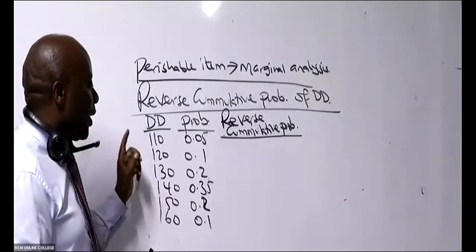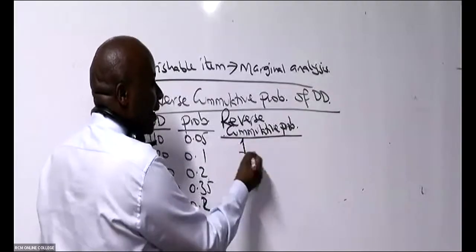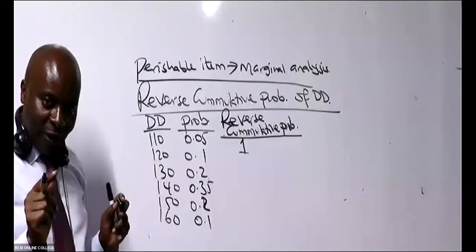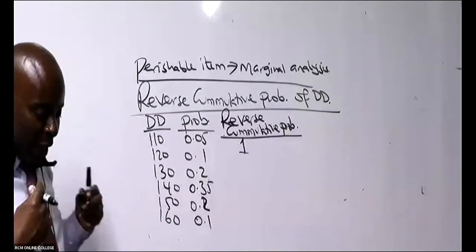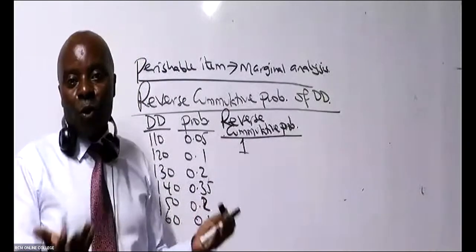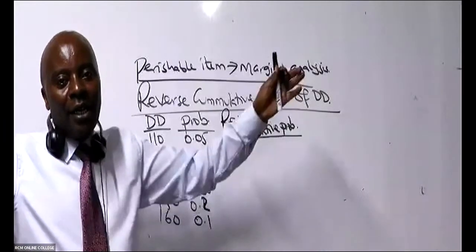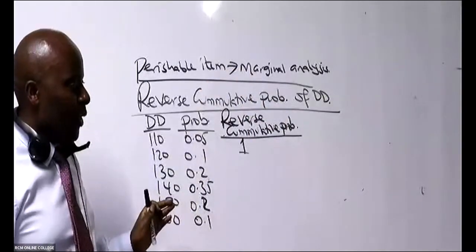So if I decide to bring the lowest, I'm assured of selling, so I'm successful. Because these are perishable goods, I don't want to perish, I don't want to remain with these goods behind. I would want to sell everything. I would rather people go to other suppliers because I've disappointed them than me perishing with these units.